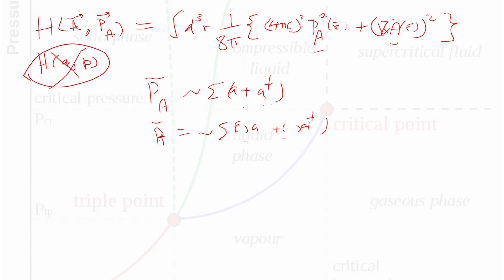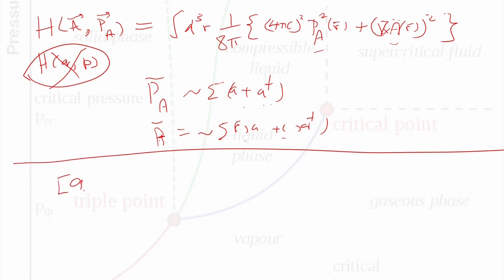In order to do that, I am going to do the usual thing. I am going to start calculating commutators such as this. So I am going to calculate this. So this is going to be basically, it's just going to be this.